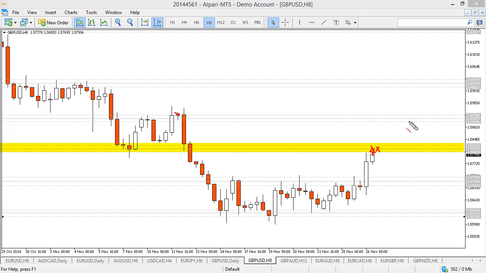Doesn't have to be perfect, but that would be ideal. That would be a trade setup. It has a nice preceding trend, that's a strong candle. So if price pushes into here and we get indecision forming, that would be a potential trade.